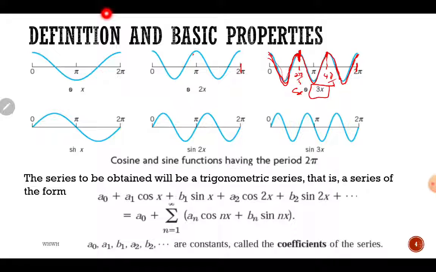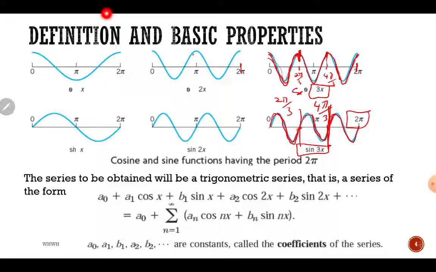The same goes for sin 3x. Within the 2 pi period, it has 3 cycles: going up and down from 0 to 2 pi over 3, then from 2 pi over 3 to 4 pi over 3 another cycle, and from 4 pi over 3 to 2 pi the third cycle.